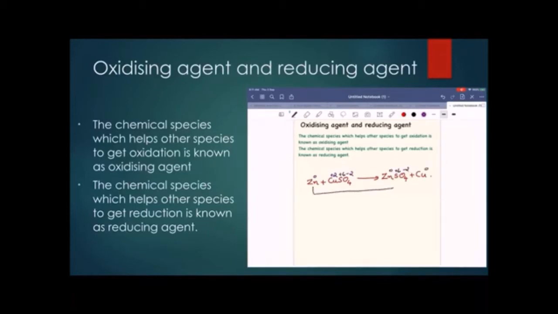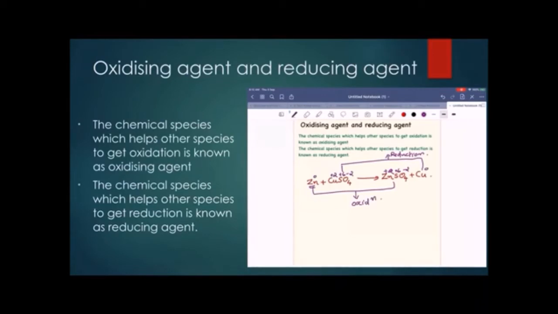Zinc undergoes oxidation because it changed its oxidation state from 0 to +2. Copper in copper sulfate undergoes reduction because its oxidation state decreased from +2 to 0. So in this reaction, who undergoes oxidation? Zinc undergoes oxidation with the help of copper sulfate. So when zinc reacted with the copper sulfate, zinc got oxidized.